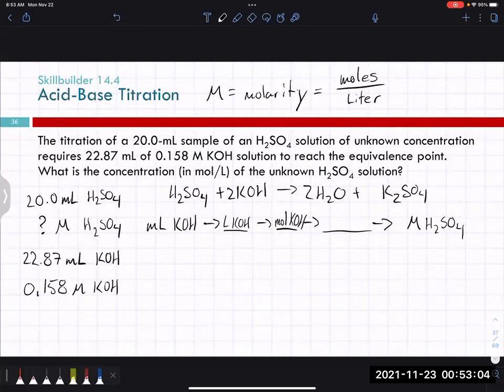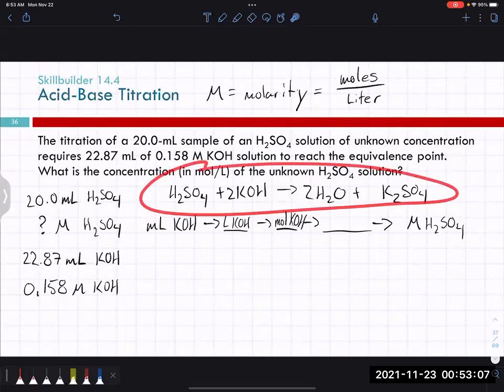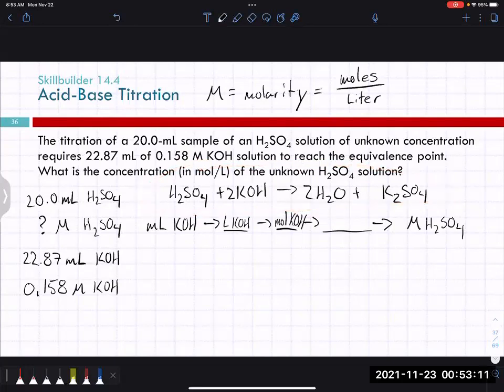Once we have moles of KOH, we have a reaction equation, so we can find the number of moles of anything else in that reaction equation. But for this example, we're looking for molarity of sulfuric acid. So we're going to convert here to moles of H2SO4. And then once we have moles of H2SO4, we have this volume of sulfuric acid.